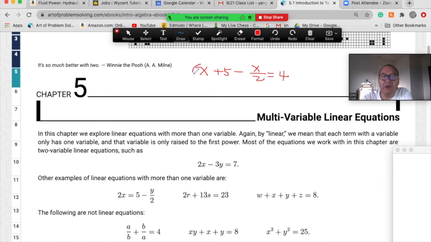Here we only have this variable x. We don't have the other variables. So this is called a single variable linear equation.